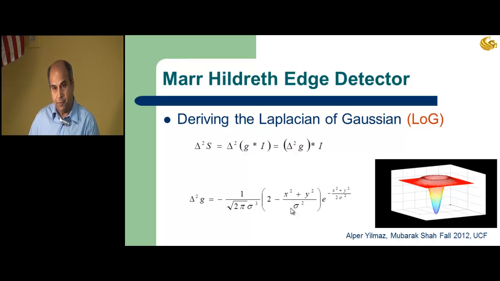Now if you plot this Laplacian of Gaussian edge detector, it will look like that, which is shown in the plot. It's called the Mexican hat, an inverted Mexican hat. You have a high or negative in the middle, and then it changes smoothly around that.